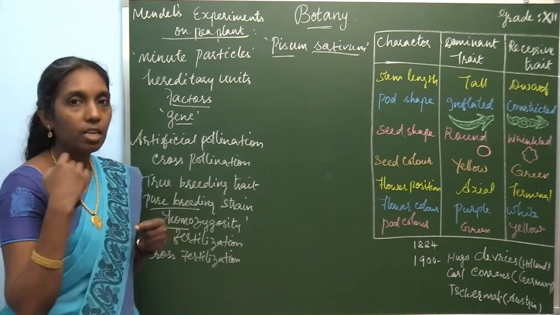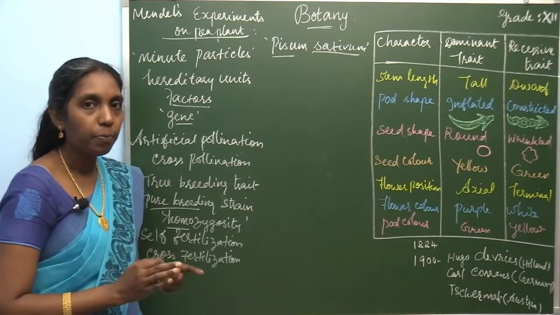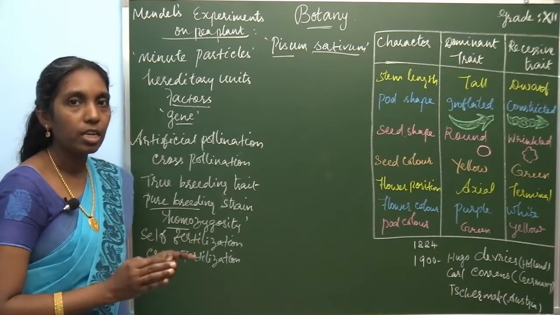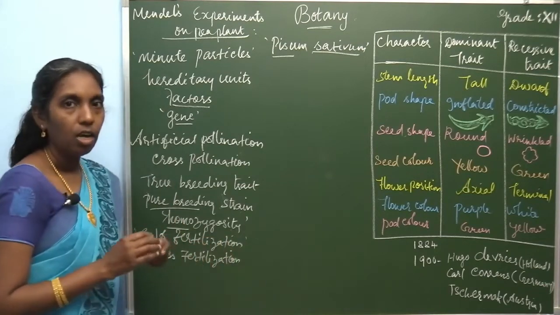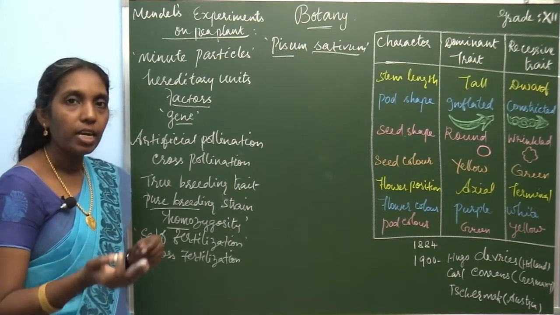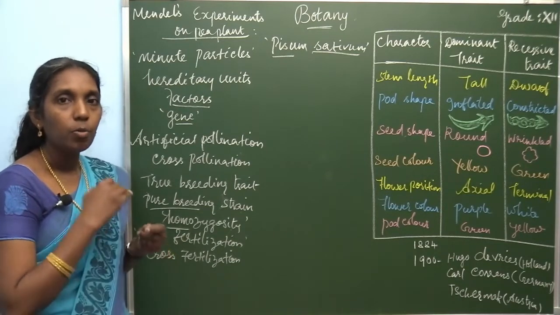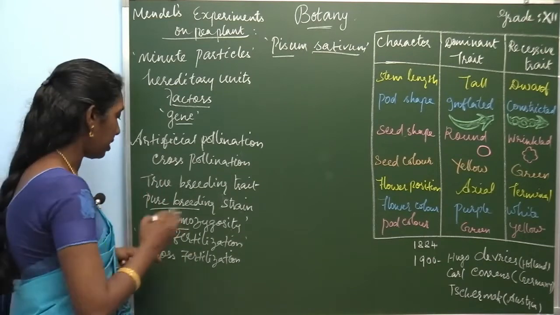That means the pollen and the egg produced from the same plant fuse within the same plant; this is called self-fertilization.